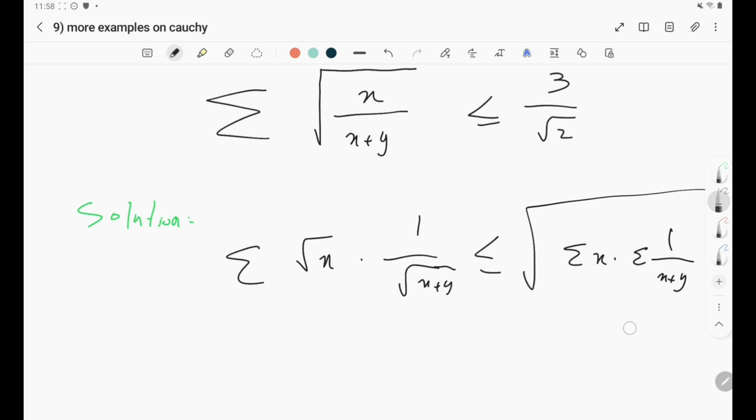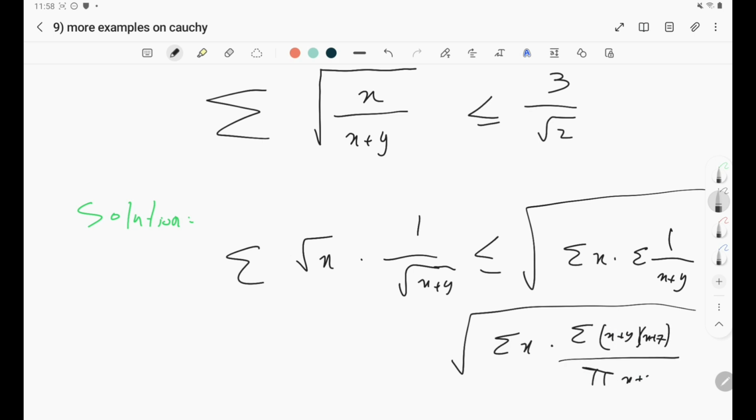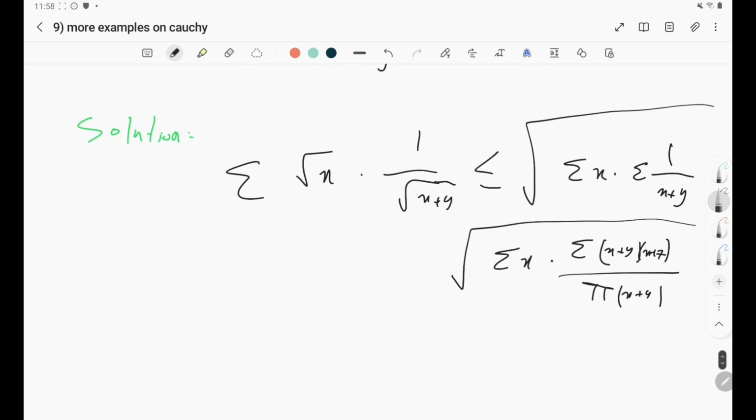Basically this thing, I guess it's going to be sigma x plus y, x plus z divided by pi x plus y, and of course this thing here is just going to become sigma x squared plus 3 sigma xy, divided by pi x plus y times sigma x.